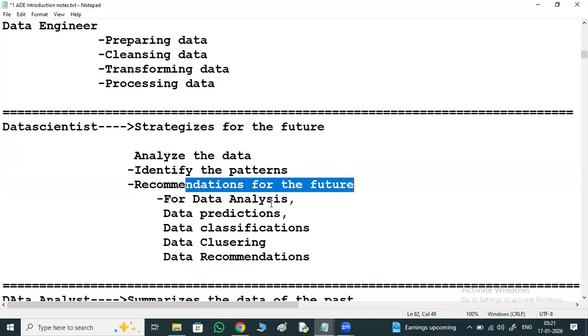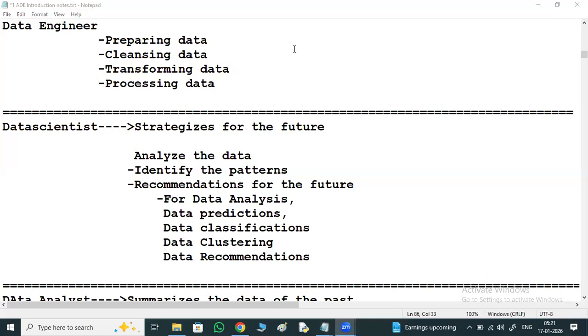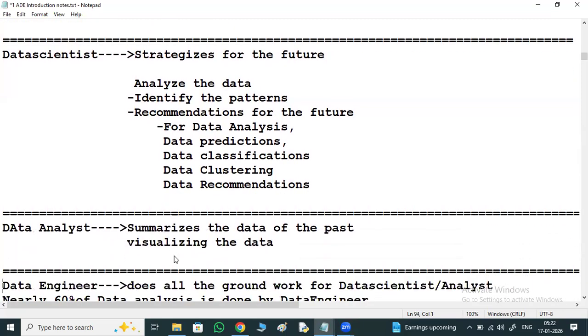That is, data analysis, data predictions, data classifications, data clustering, data recommendations. A data analyst, on the other hand, is going to summarize the data of the past and visualize the data.